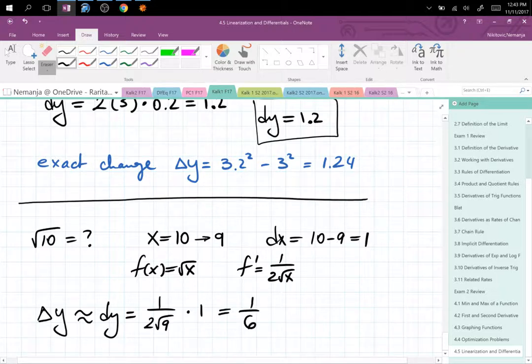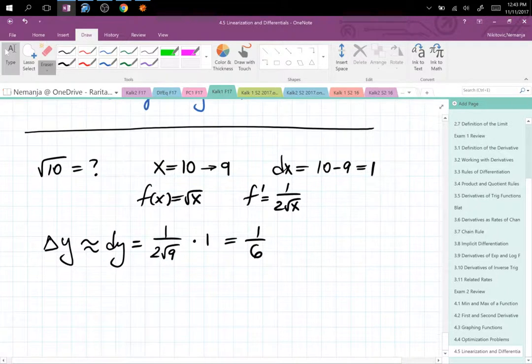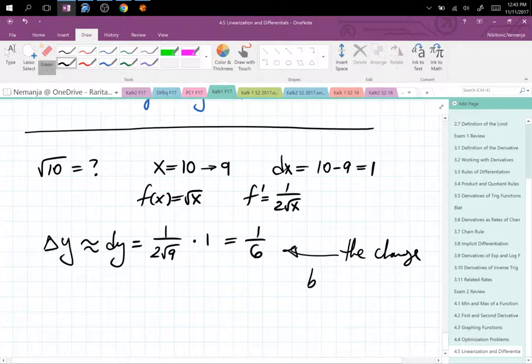So you get 1 over 6 there. Now, what does this mean? It means that the change between square root of 9 and square root of 10 is 1 over 6.